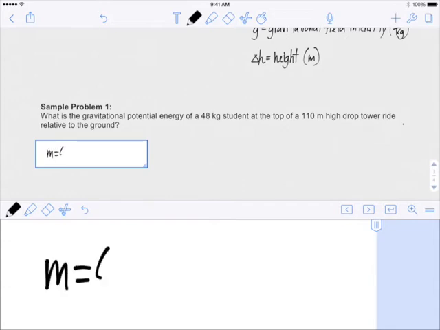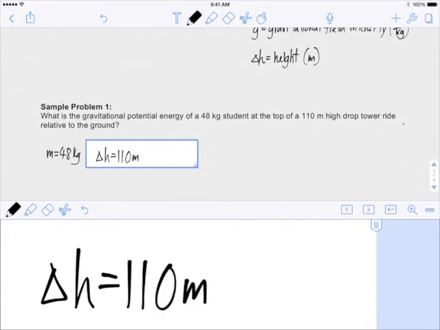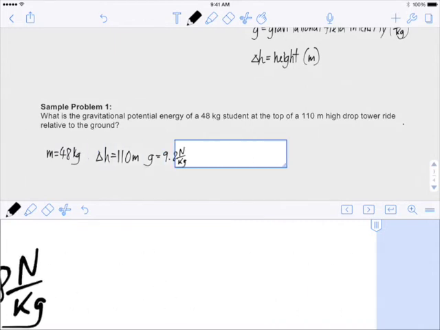The mass of the student is 48 kilograms. The vertical displacement of this student is 110 meters. Since this is on Earth, we know that the gravitational field intensity is 9.8 newtons per kilogram. And we want to determine the gravitational potential energy.